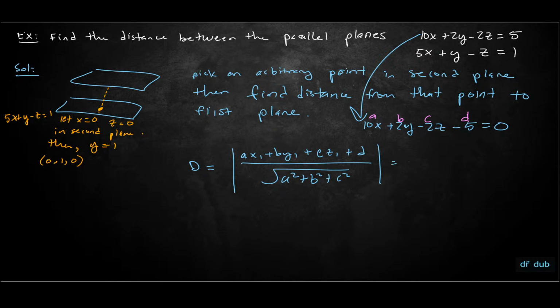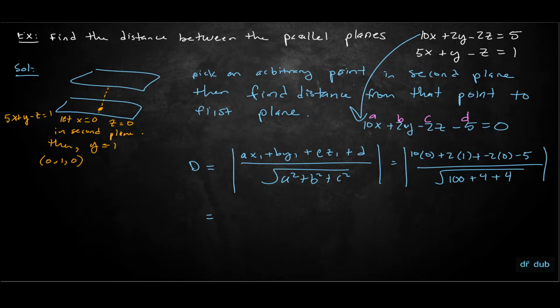And that's going to be the absolute value of 10 times 0 plus 2 times 1 plus negative 2 times 0 minus 5, all over the square root of 100 plus 4 plus 4.